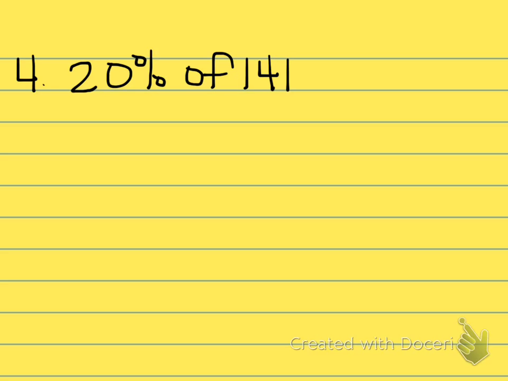Okay, now we have 20% of 141, and I really like this example because it gives me the opportunity to remind you that we can find 10% of a number very easily. When we find 10% of any number, we're just moving the decimal over to the left 1 place. So if I find 10% of 141, that's going to be 14.1, because I just take that decimal and move it to the left one place.